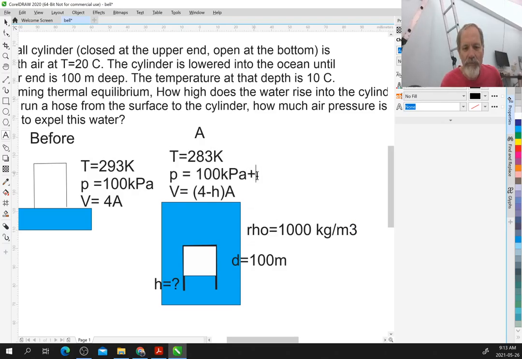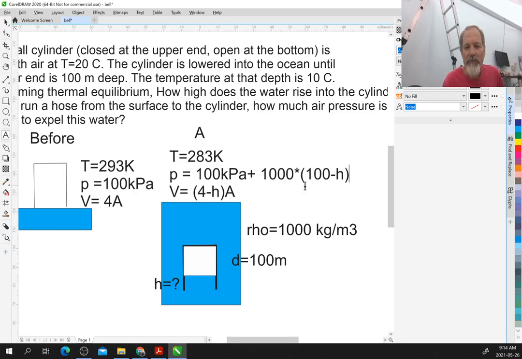The total pressure here is then going to be equal to rho times the depth of the water above it, which is going to be L, but there's a little bit coming up, so it's going to be L minus H. So this big distance D minus this little H that we don't know, or 100 minus H. Let's put rho in here, so it's 1,000.